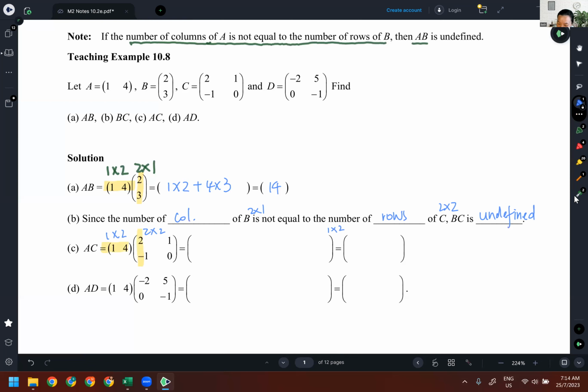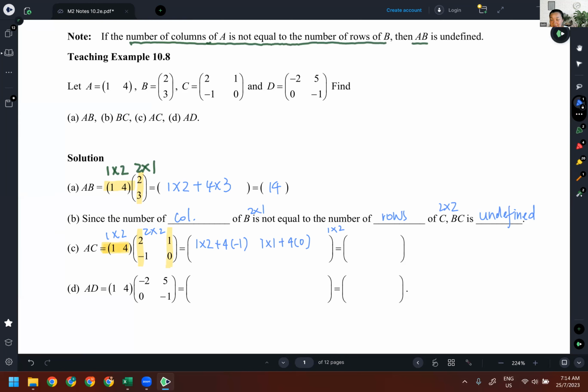In this case, it's 1 times 2 plus 4 times negative 1. That's my first value. For my second value, I'm going to use the first row and the second column. So in this case, it's 1 times 1 plus 4 times 0.